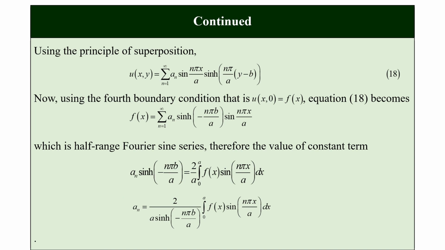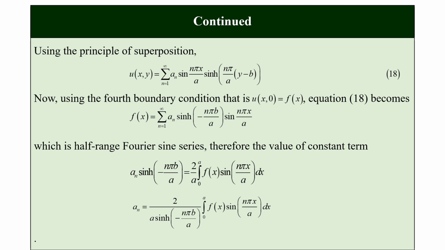Now using the principle of superposition, we combine all the solutions, so we get equation number 18, and in equation number 18 we use the fourth boundary condition, that is when y is equal to 0, u is equal to f of x.